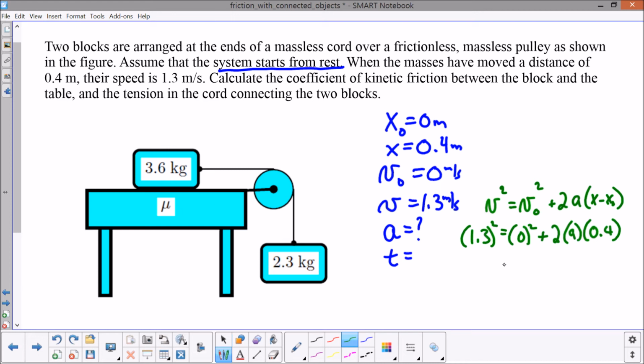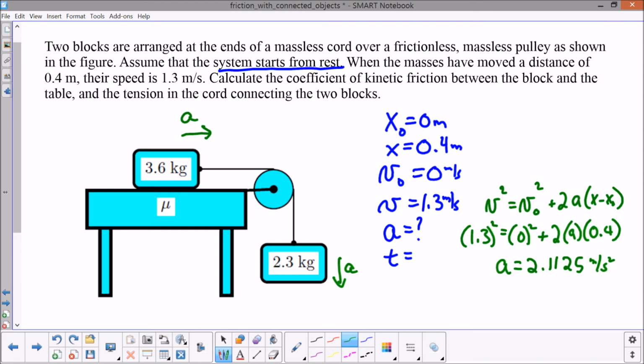So if we solve that for the acceleration, we get that the acceleration of each one of the blocks is 2.1125 meters per second squared. And this hanging block accelerates down with that acceleration, and this sliding block accelerates to the right with that acceleration.